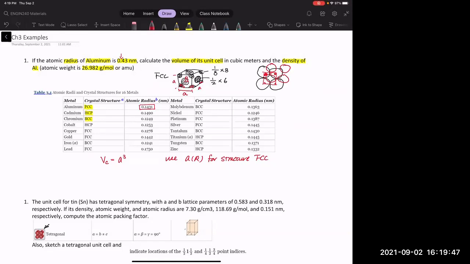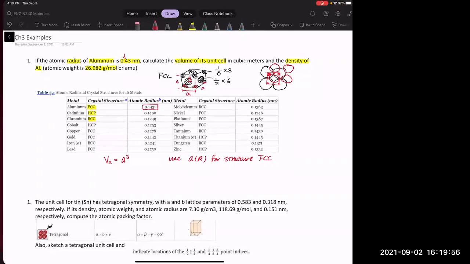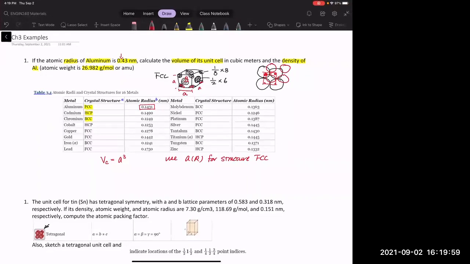So we want A. How do we know A? We can find out how A is related to R, and because we know R, we can find the A. For the FCC, this A is in your equation 3.1, and the A is equal to this. How do we get this equation?